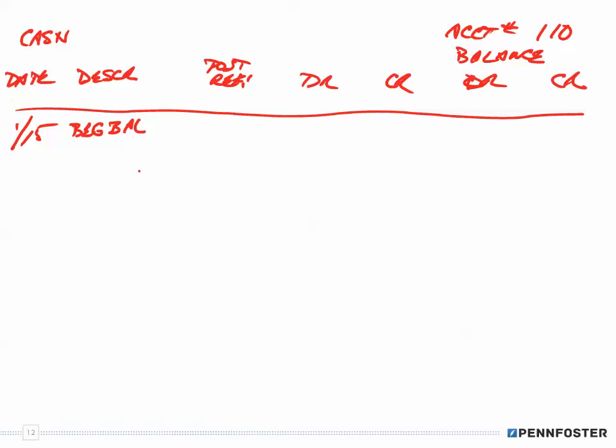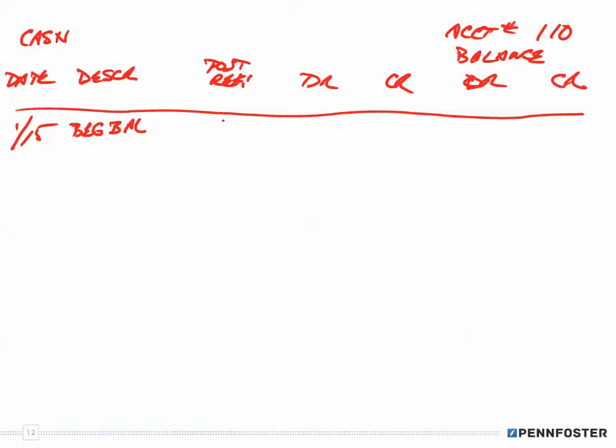As I post from the journal entries into the ledger account, I don't need a description, or I don't need an item. But when I'm doing something out of the ordinary, like having a beginning balance or an ending balance, you'll put that in the description column.